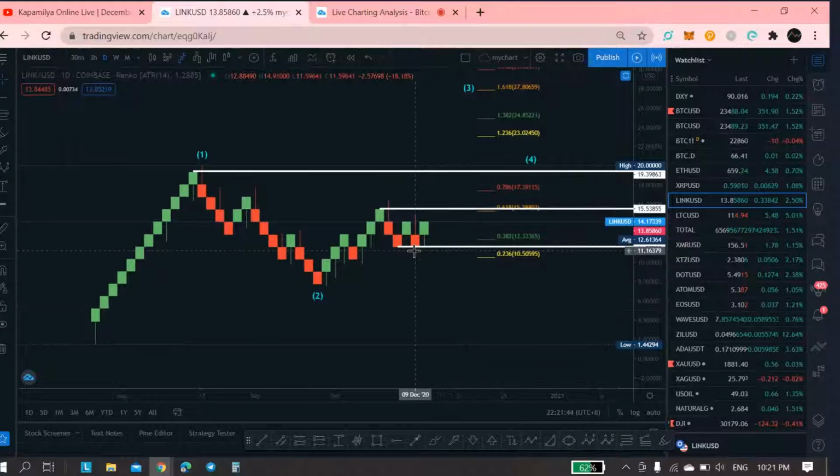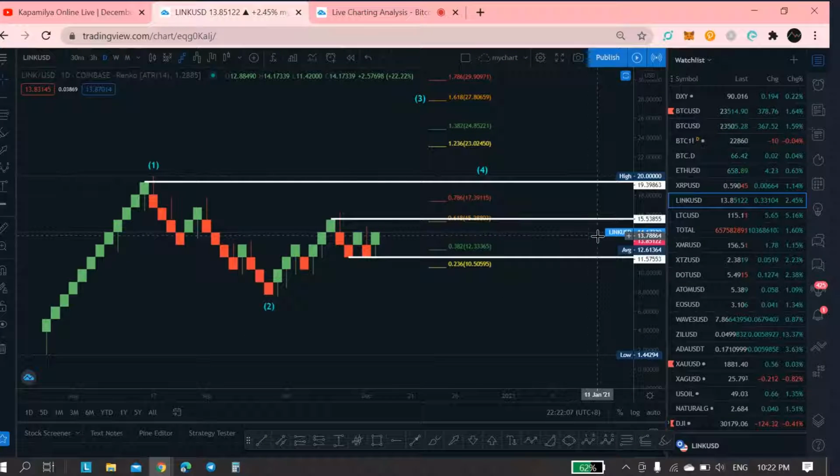As I mentioned, you can also use the blue dotted line, or the high or body of each Renko bar, as support or resistance. Currently the blue dotted line is at the 14 area, and it's trading at 13.85.